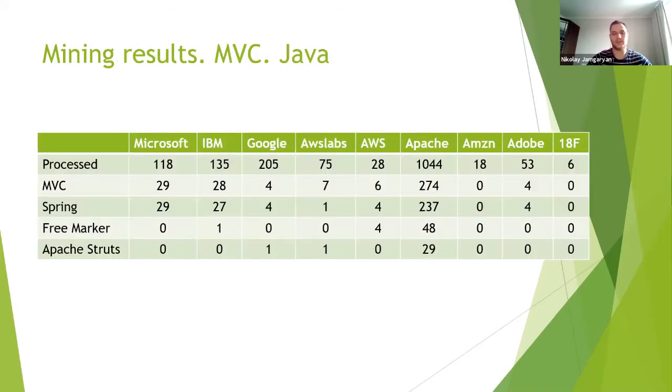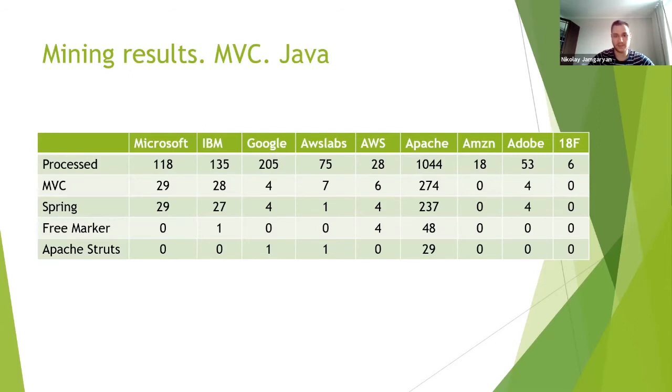And now I would like to present you the results of our mining. From the graph, you can see that the most frequent users of MVC in Java repositories are Microsoft, IBM, and Apache. They apply MVC style in almost 20% of their repositories.